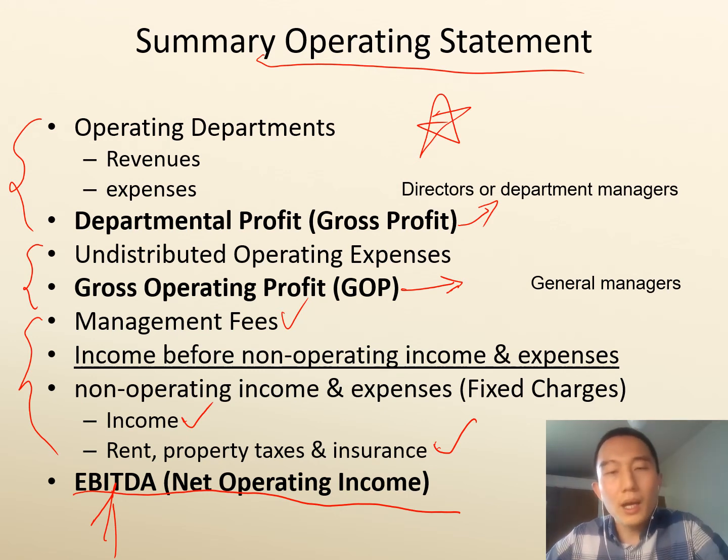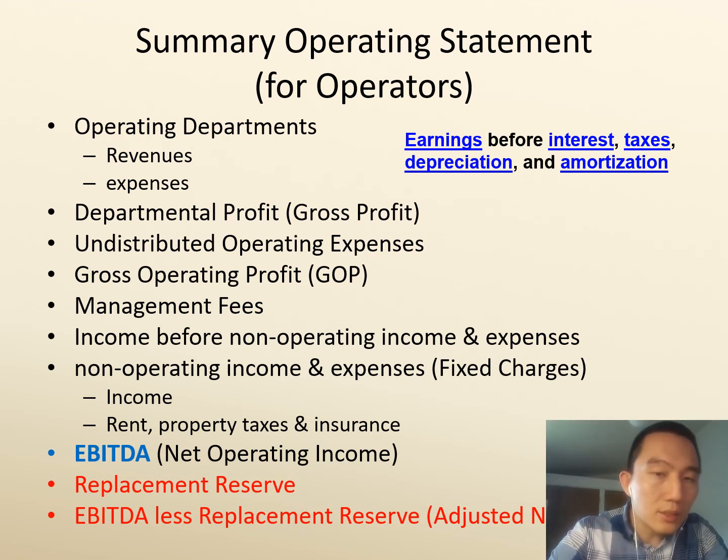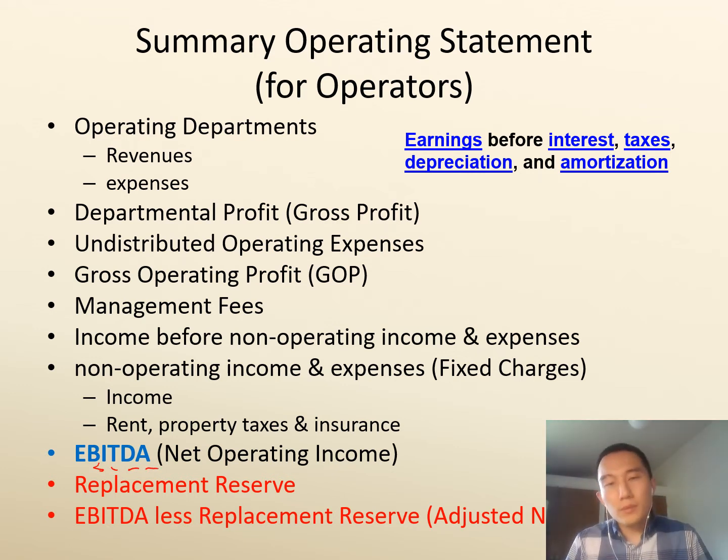So what is EBITDA? EBITDA refers to earnings before interest, taxes, depreciation, and amortization. It reflects the net operating income generated by a hotel. So this is a very important number for hotel operators.